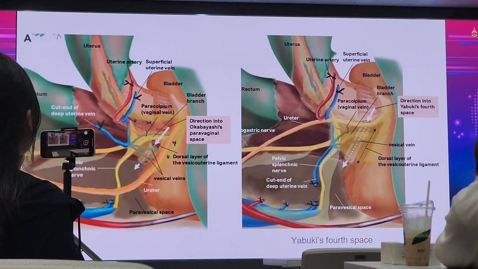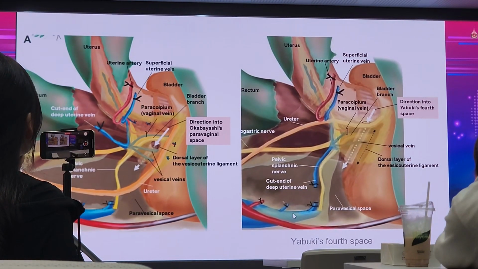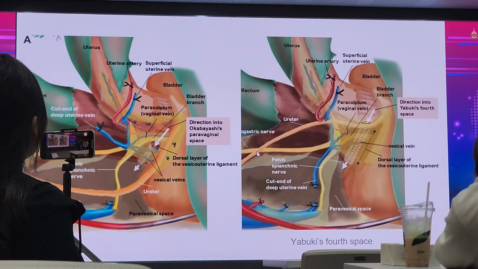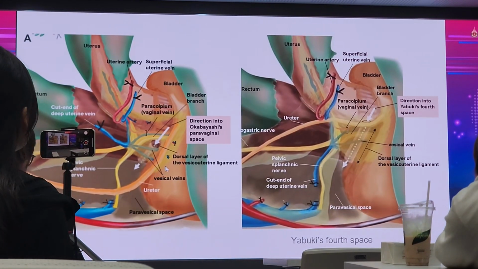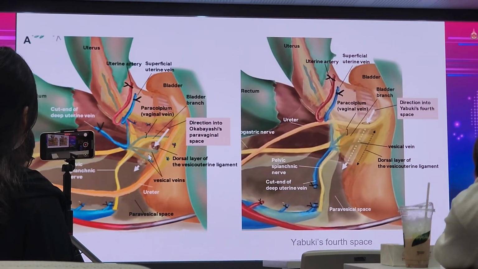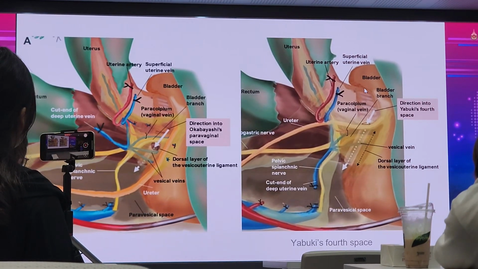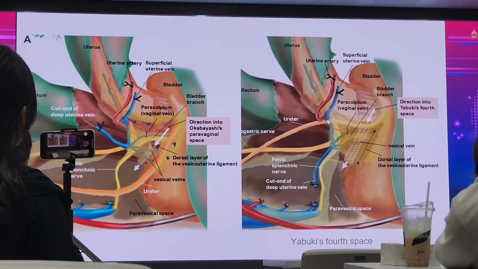The other way is the Yabuki's fourth space. This is the Okabayashi paravaginal space, and this is the Yabuki's fourth space. You can notice that these two pictures are different at the ureter. For developing the Okabayashi space, the ureter is retracted laterally and posteriorly. But for developing the Yabuki's fourth space, it is medial to the ureter, and the ureter is not mobilized.